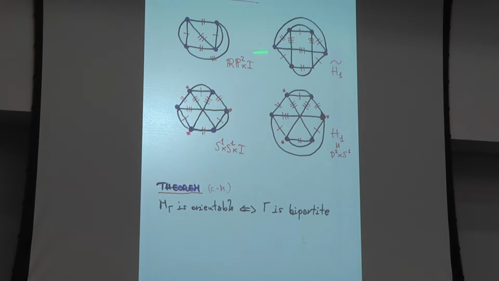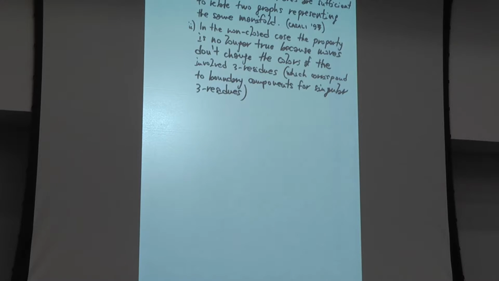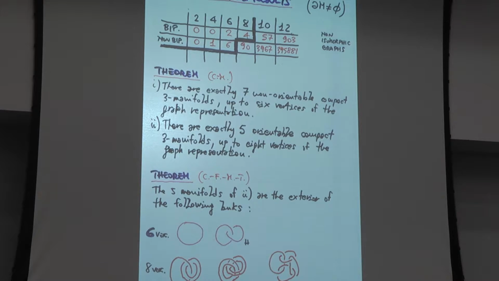With 6 vertices, there are these 3 cases. So the solid Klein bottle, no, maybe there are more, but the solid Klein bottle, solid torus, torus times I, but the real classification is with 6. We have 2 bipartite, the solid torus and the torus times I, and 6 non-bipartite, including the solid Klein bottle.